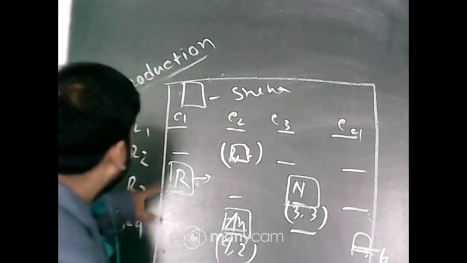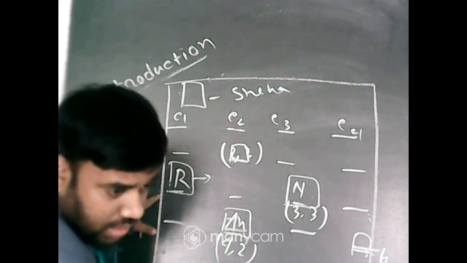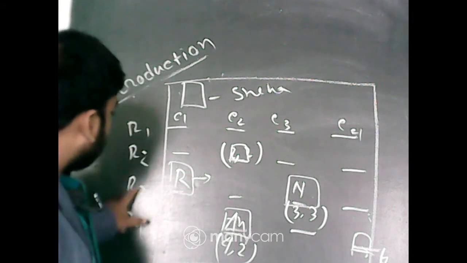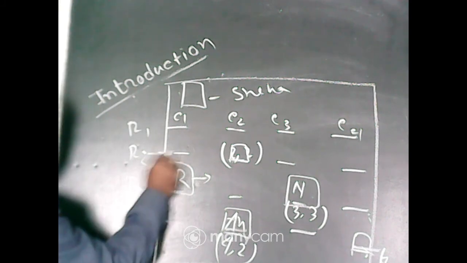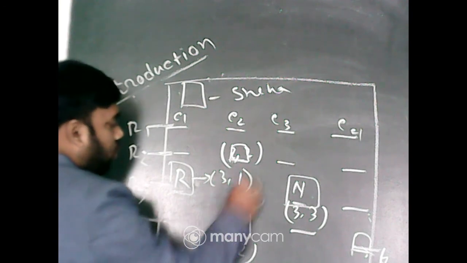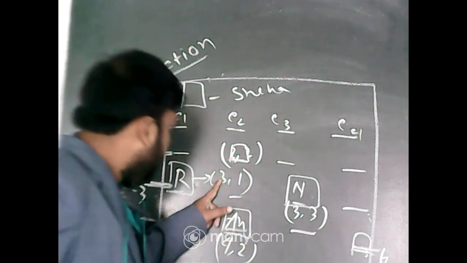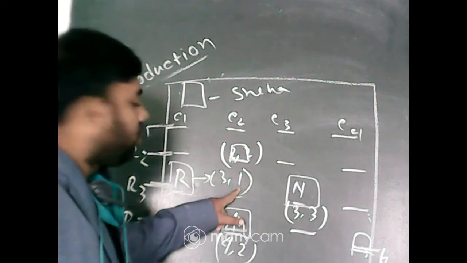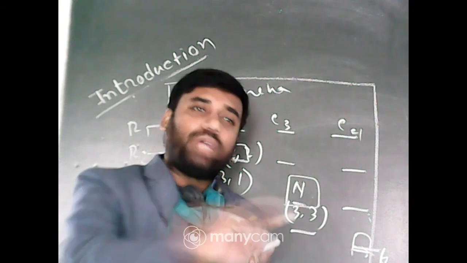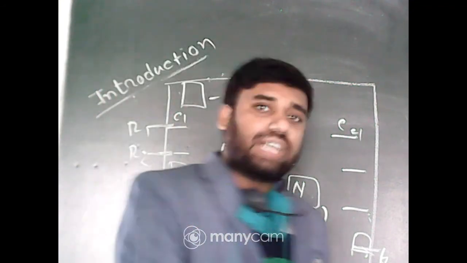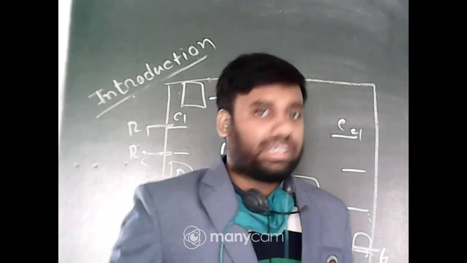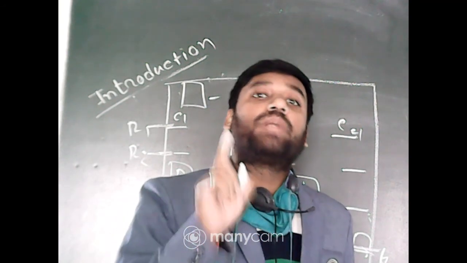That is row 3, column 1, so 3, 1. The first number denotes the row number, the second denotes the column number. So by row number and column number, you can identify the position of all the students in your class, that is 8th class. Like this, we will use coordinates to identify the proper position.